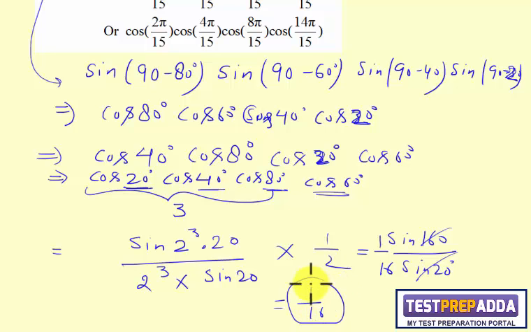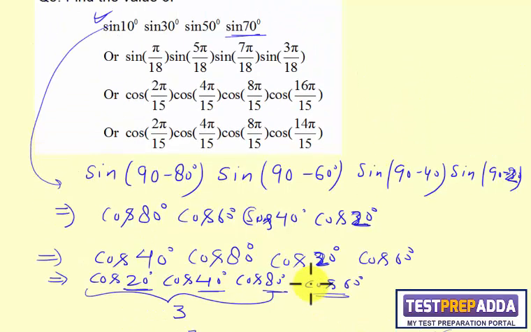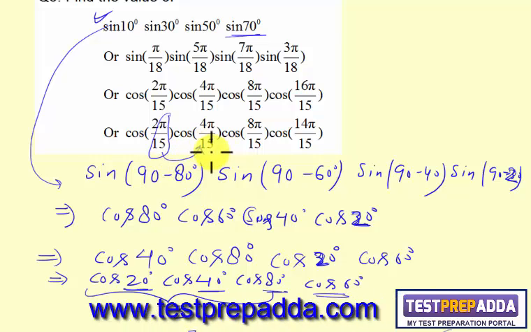Got it? Now, in a similar manner, you can solve all these questions. If I talk about cos pi by 15, cos 2 pi by 15, here cos 4 pi by 15, here cos 8 pi by 15, you can see double, then double. It's a different angle, but you can find the value of this easily.